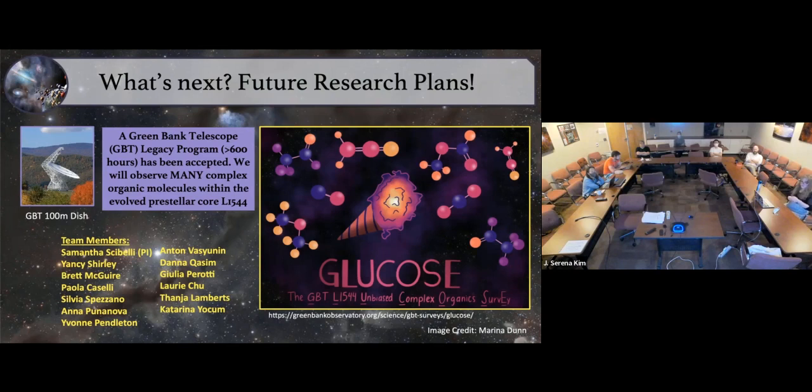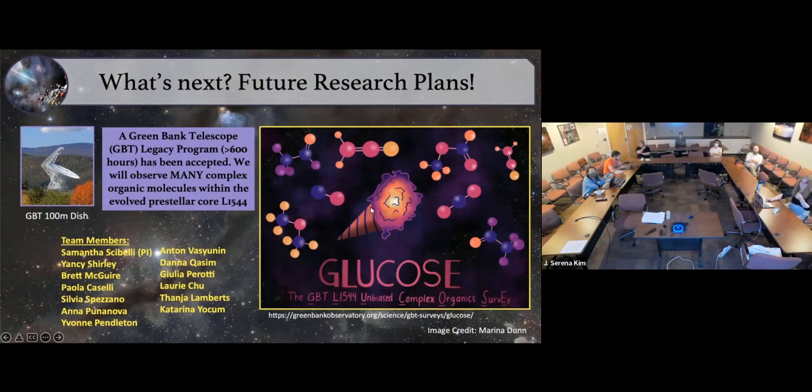This past semester, we proposed for time with special project time at the GBT, which is a 100-meter dish in West Virginia. And this is a legacy program, so we have over 600 hours of time, which has been accepted over 3 years. We will observe many complex organics and other molecules within one particular core, this evolved core L1544, which I had mentioned before.